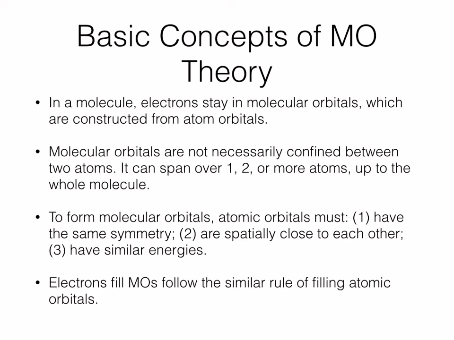In the MO theory, things are different because electrons are in the so-called molecular orbitals, and the molecular orbitals are not necessarily confined between two atoms. Instead, it can primarily localize on one atom, or maybe two, or maybe three, and could even be all over the place. This is an important difference between the Lewis dot structure and the MO theory.